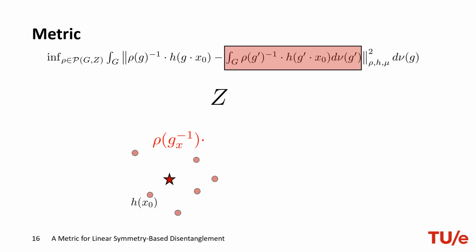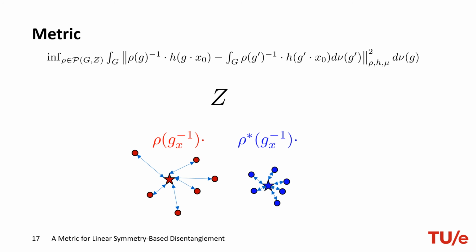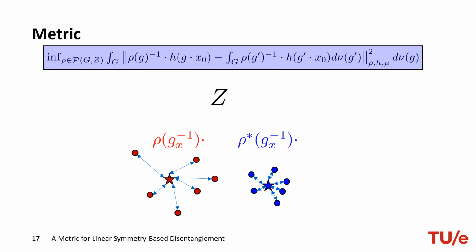The equivariance of the encodings can then be calculated by measuring the distances of each transformed data point embedded in Z with respect to this average, as highlighted. The final metric value is obtained from the infimum with respect to all possible group representations for the group transformations that are disentangled. In this case, we show it with rho star, which has lower distances to the average of the data points encoded.